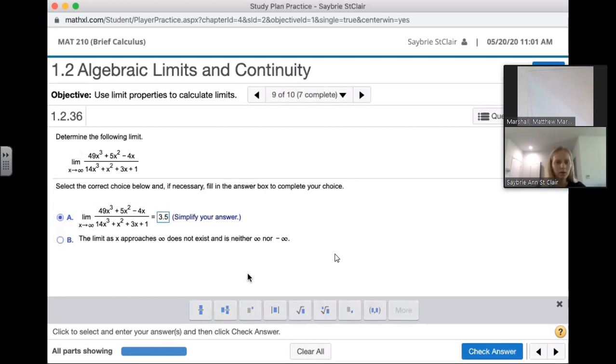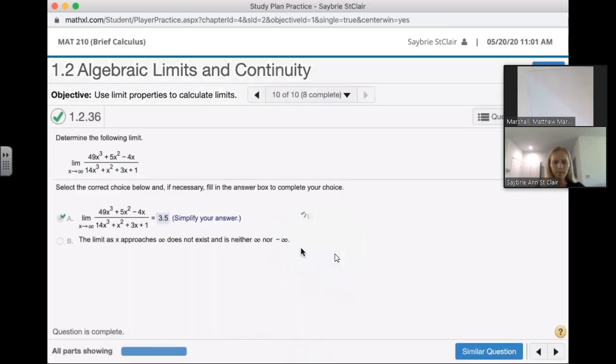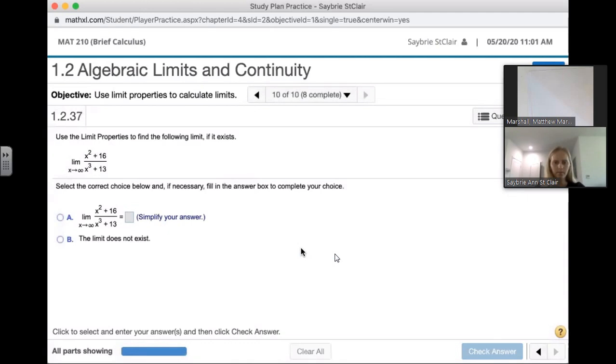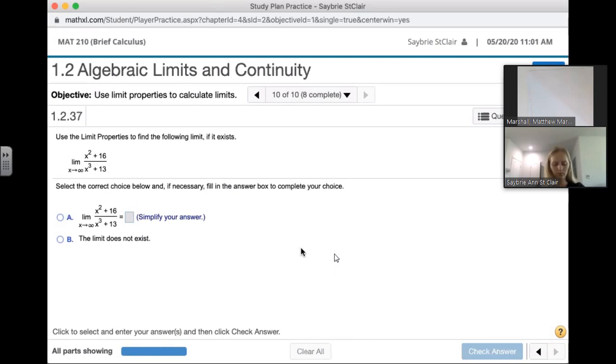Let's see. Ooh, so this one's a little different because you have x squared, they're different powers on top and bottom. So let's see what this says. Let's check out the explanation here for sure.